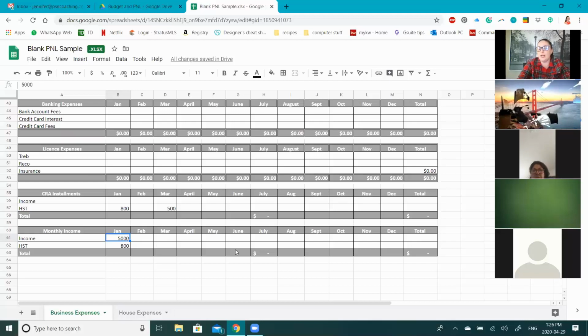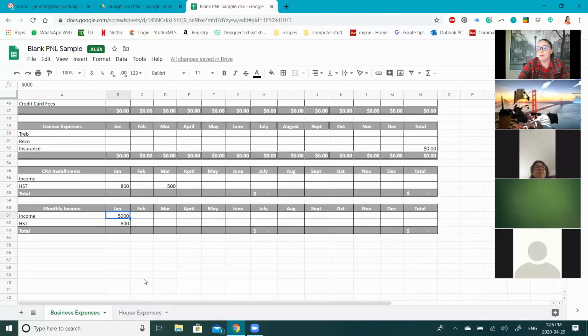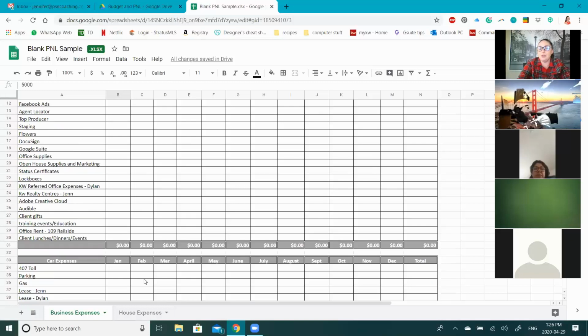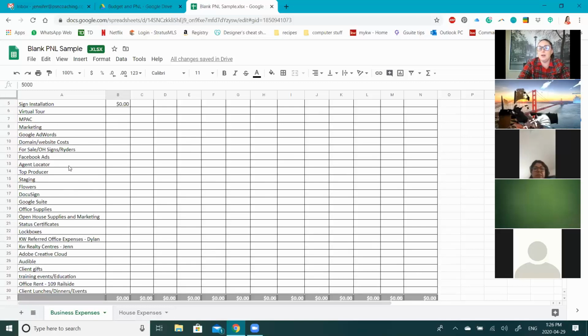If you don't want to track it every month, you don't have to, but it's nice to track it monthly. If you're doing a P&L properly, you should be tracking it monthly and know, okay, this is what's coming into my account and this is what's going out of my account. It's also going to tell you really quickly whether you're actually making money or not. And if you're not, then you have to adjust your P&L, adjust your expenses so that you make money, which means pull back and spend less, right?